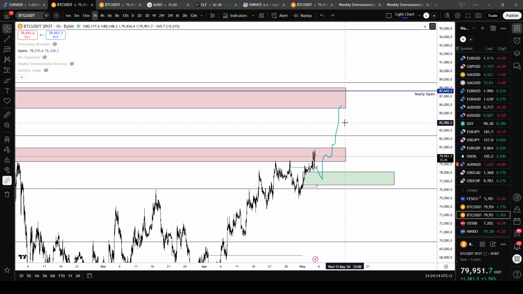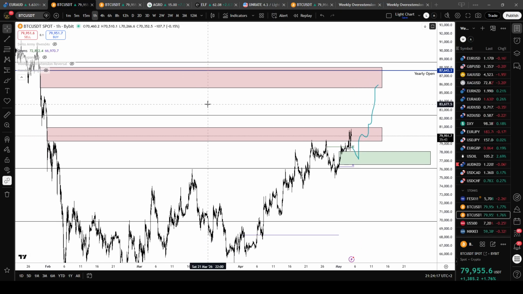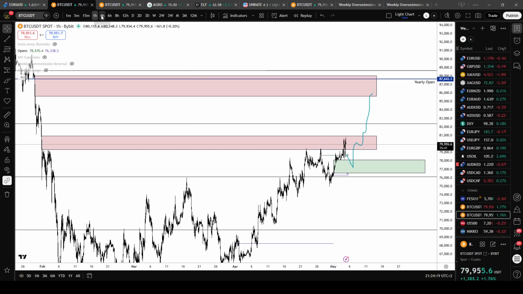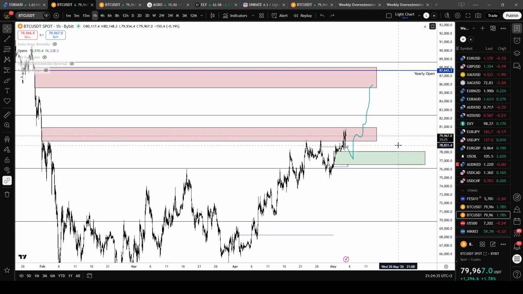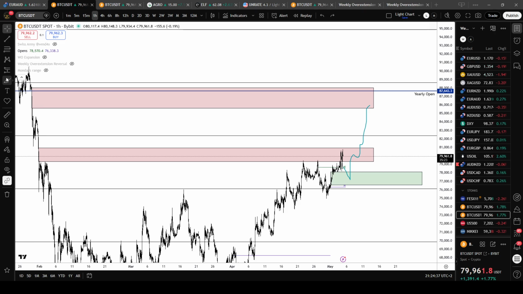And I think that's where the trap lies for the bulls, because they will see a fast move happening into resistance. Price will stall here and they will get trapped, and then this will retrace. So really these are my thoughts on Bitcoin.